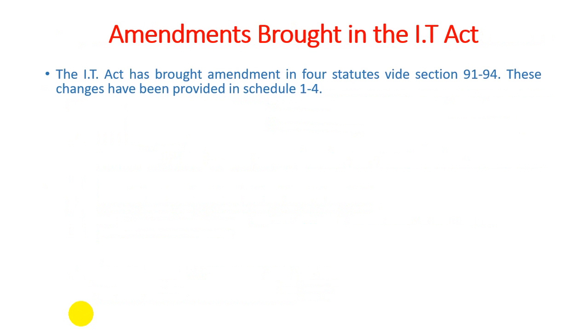Now, what amendments were brought by the IT Act, or we can say the amendments in applicability? The IT Act has brought amendments in four statutes, via Sections 91 to 94. These changes have been provided in Schedules 1 to 4.